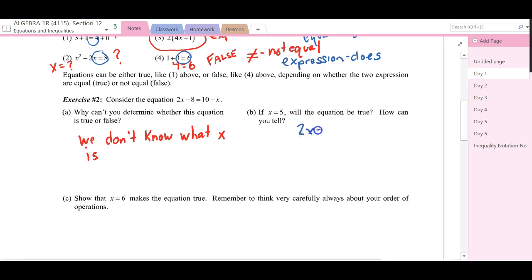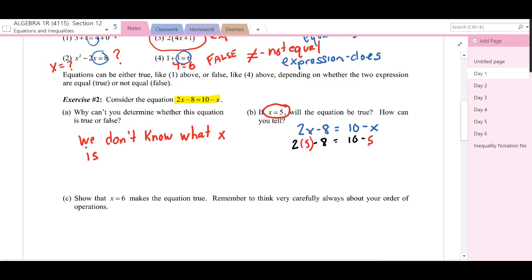Now, one way we could tell is the old-fashioned way. By taking our two expressions, 2x minus 8 equals 10 minus x, I recopied this. Now I'm going to replace x with 5. So I get 2 times 5 minus 8 equals 10 minus 5.